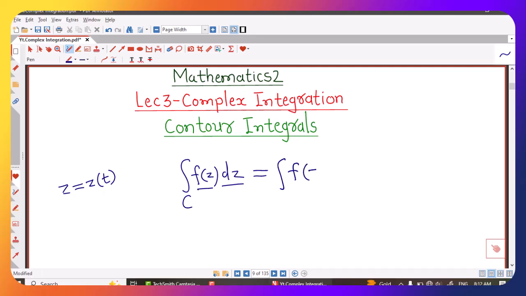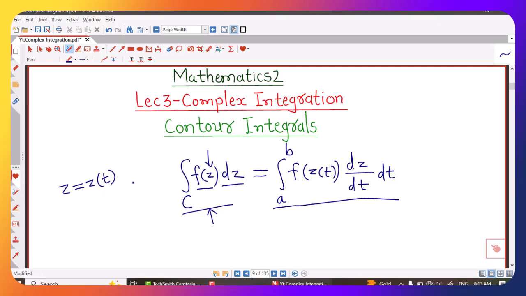So we put z equal to z of t, or we convert x and y in terms of single variable t, and this dz we write as dz by dt. And suppose t lies from a to b, then here we integrate from a to b. In short, we are converting our integral from two variables x and y to single variable t.